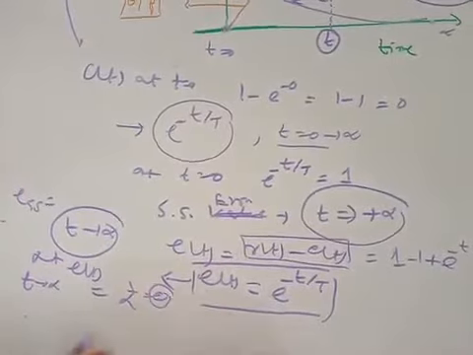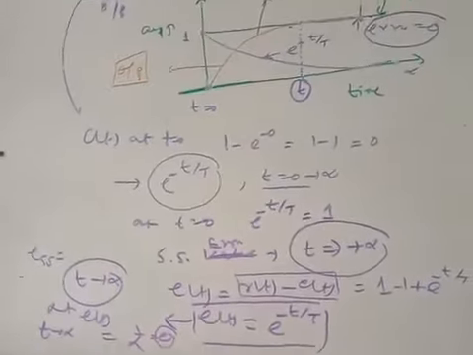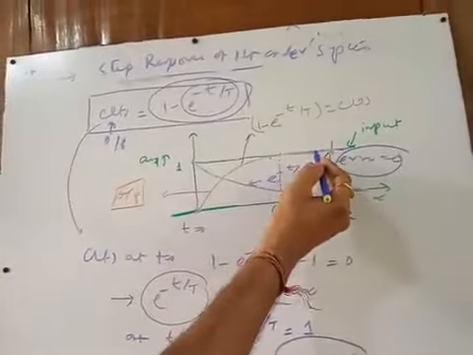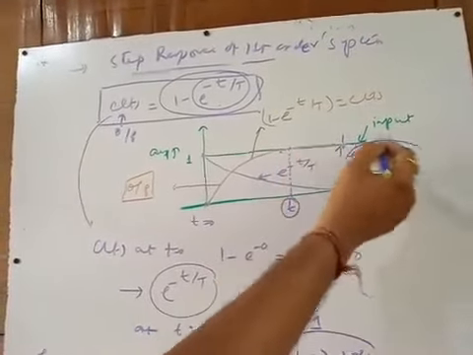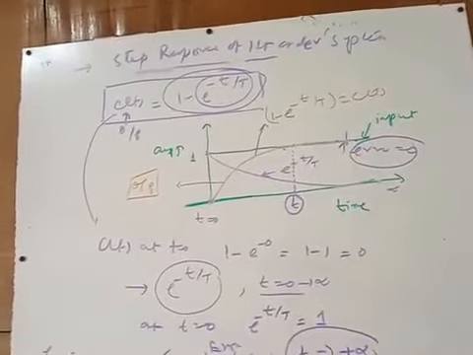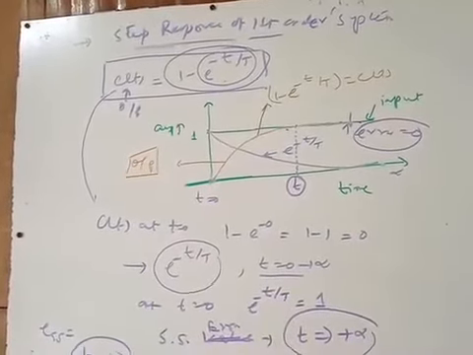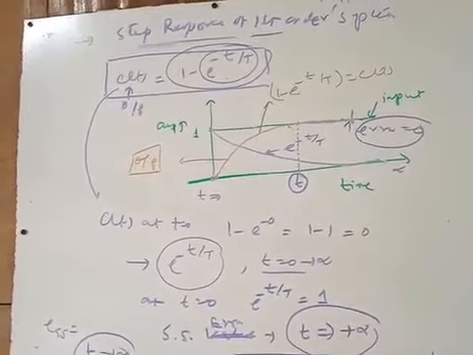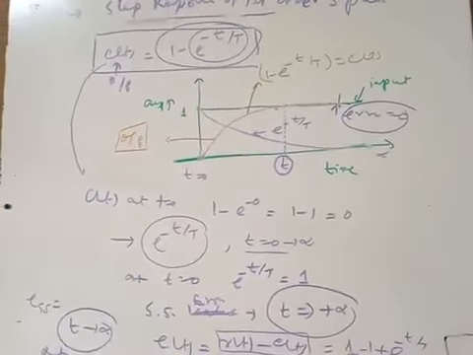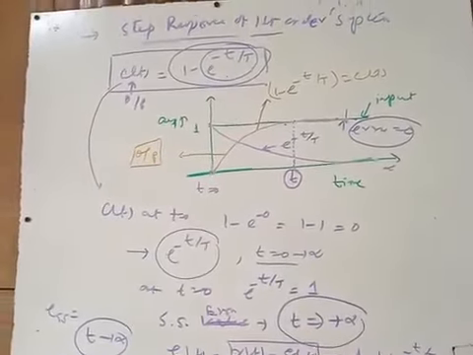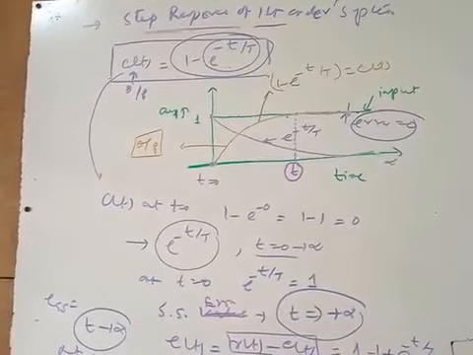Error is 0 means there is no difference between the input and output, so the output must reach exactly the input. So error becomes 0. And the steady state error for a first order system when subjected to a unit step signal is always 0. So that is the response characteristics, and how to get them, for the first order system.